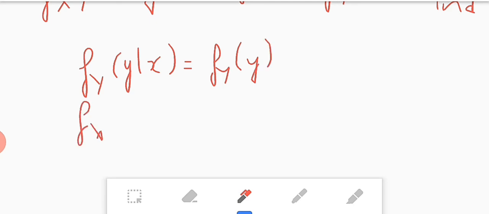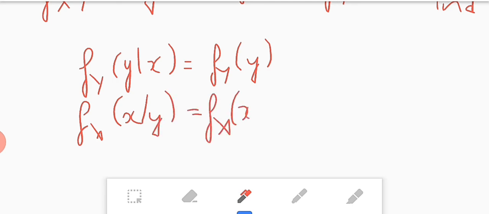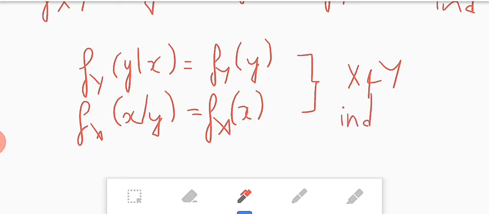Similarly, it holds good for variable x, that is fx of x. This is only if x and y are independent.